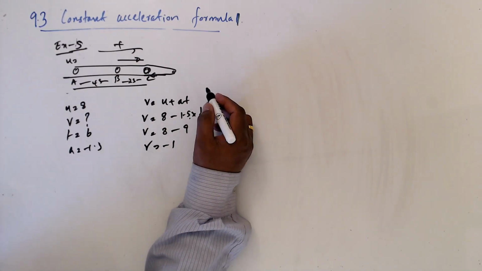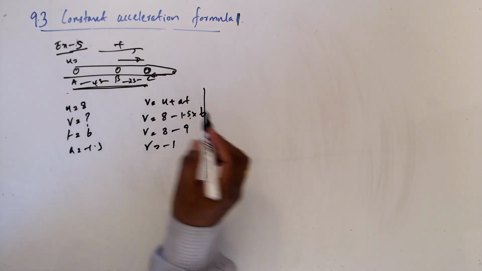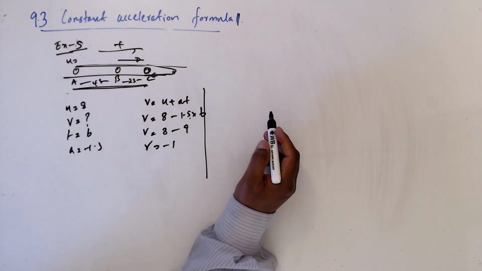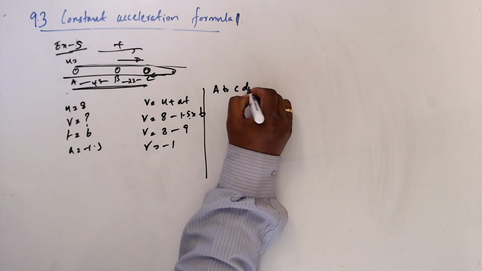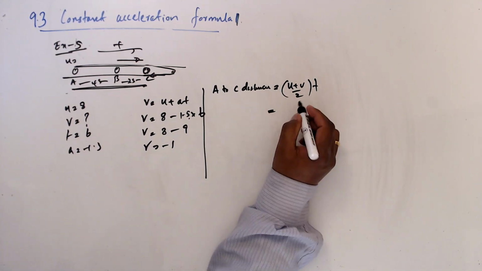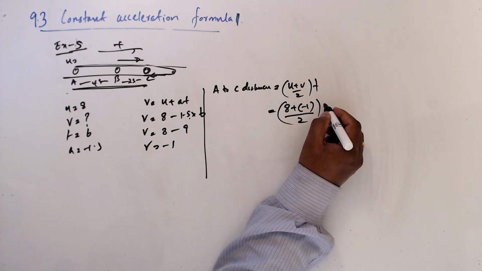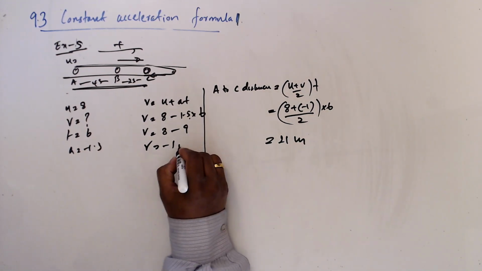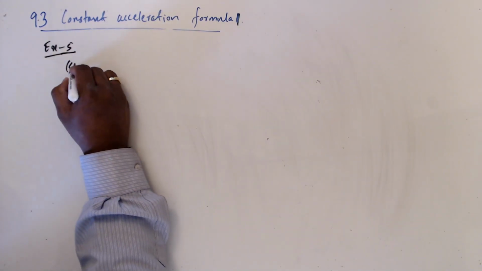Now we need to find the distance from A to C. The travelled distance from A to C we can find with (U plus V) over 2 times T. U is 8, V is minus 1, divided by 2, times T, which is 6. So this is 21 meters.